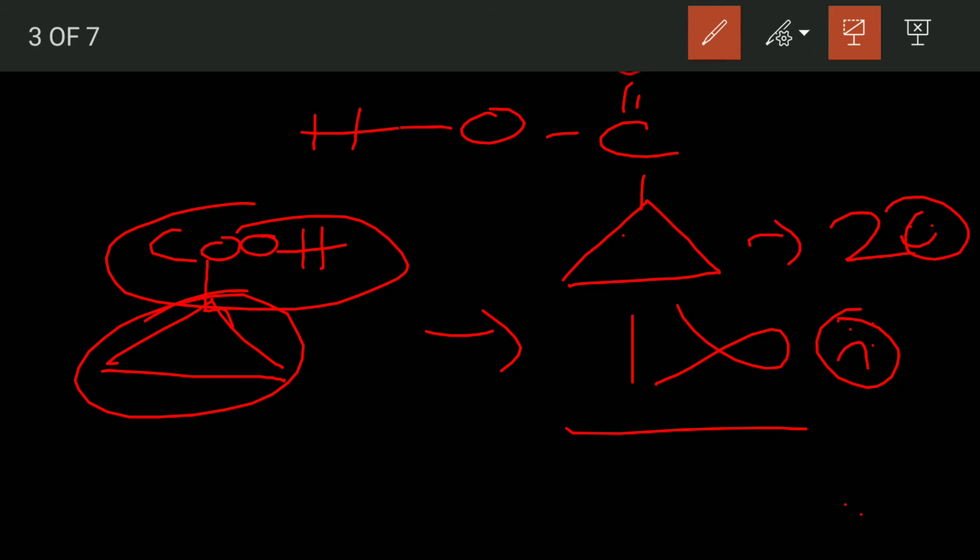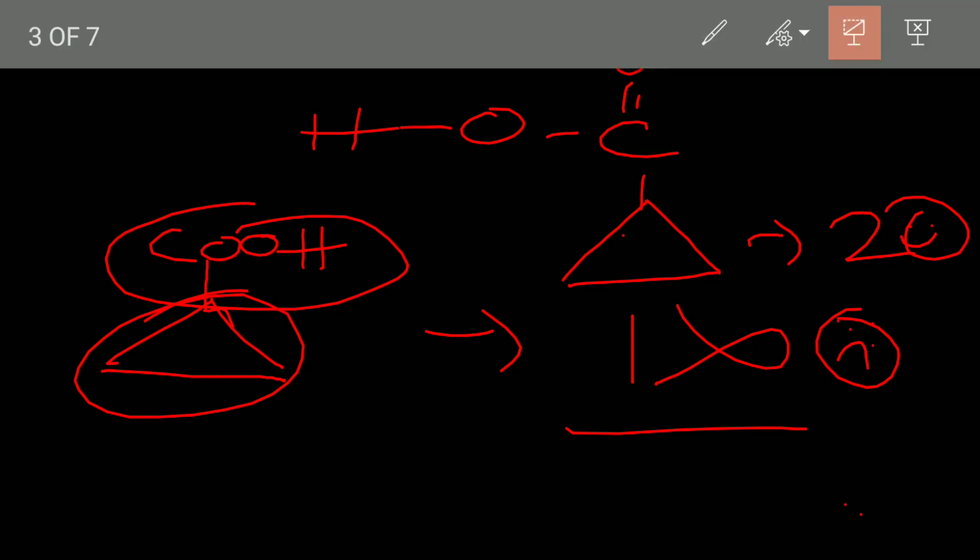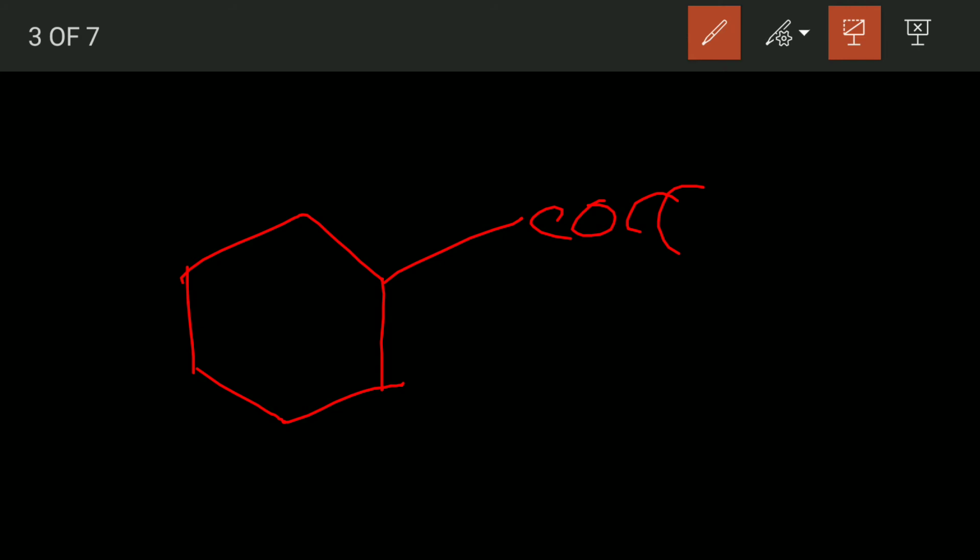And we'll take another example. Here I have COCl, right? And here I have CN. Now tell me the DBE value of this one. So is the DBE value of this compound 1?